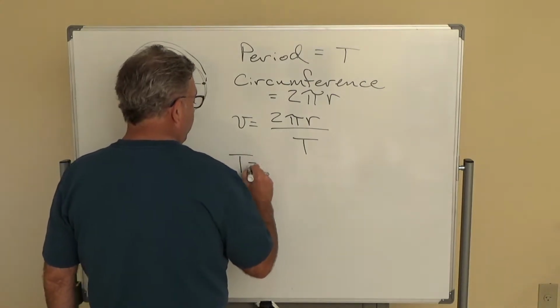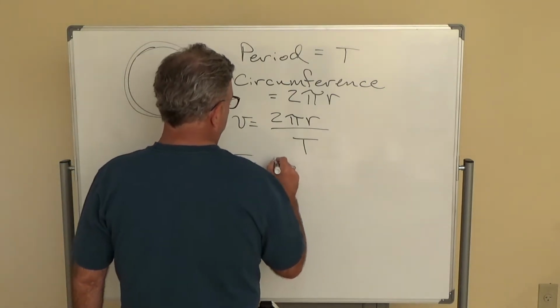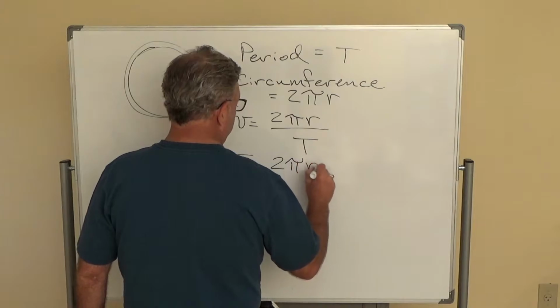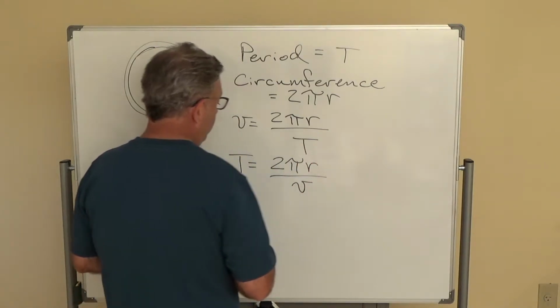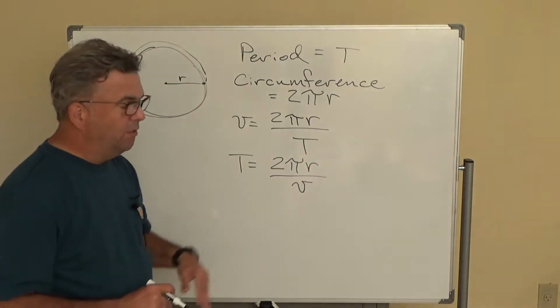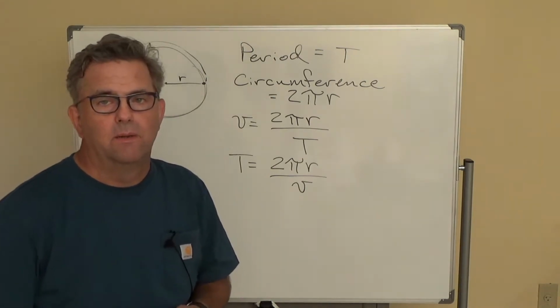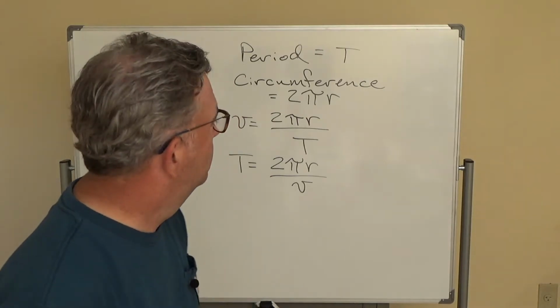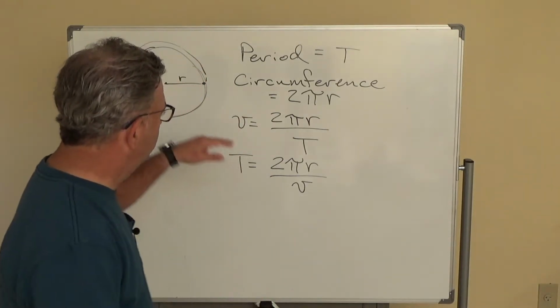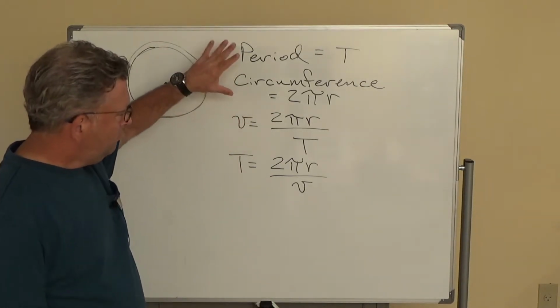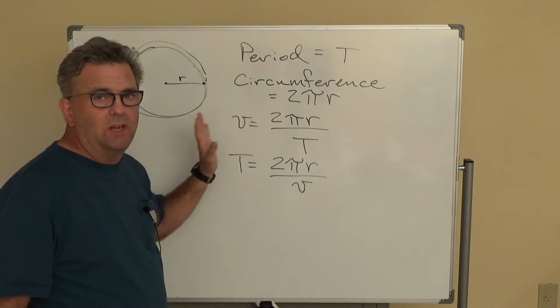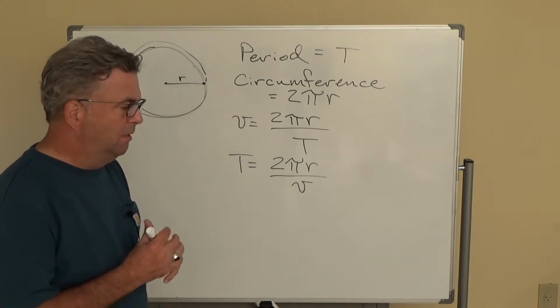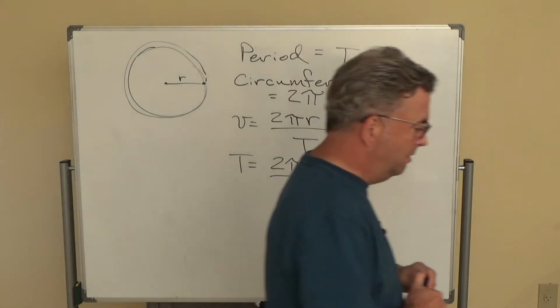The period is equal to 2 pi r over v. So if you know the radius and the tangential velocity, you can calculate the period of the object. Okay? These are things that are on the equation sheet. That's stuff you're going to need to know to work the problems.